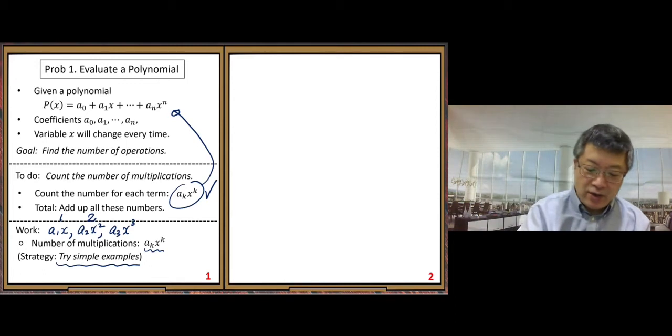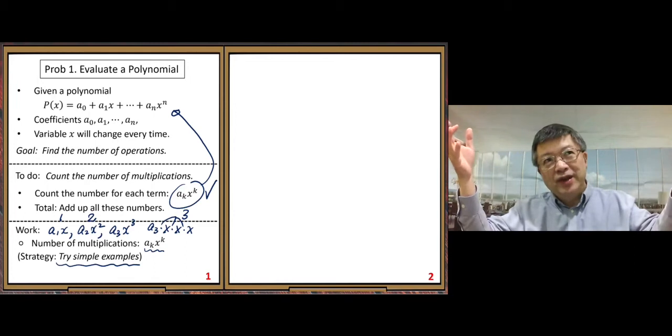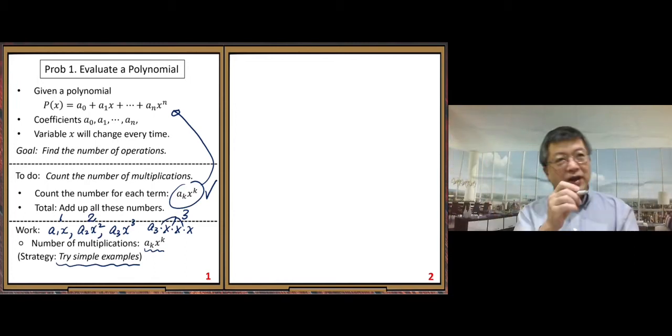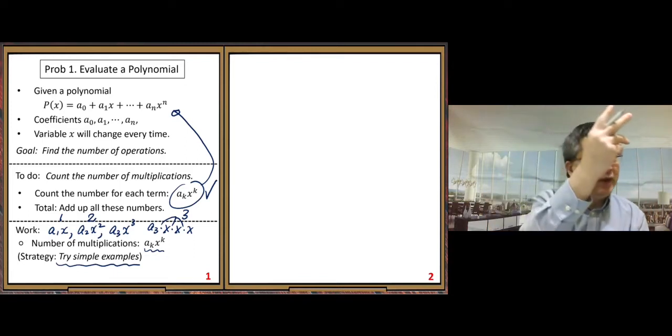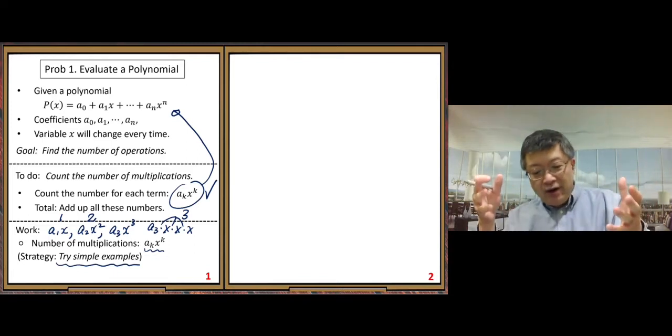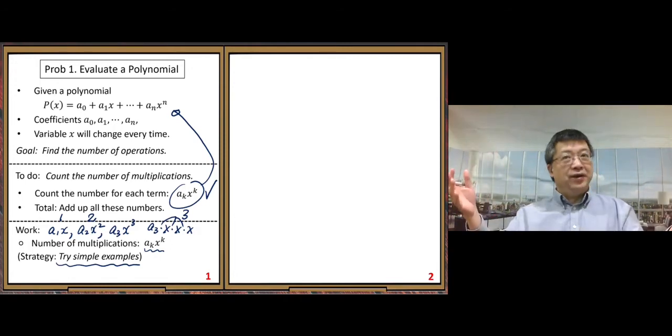Let me write explicitly: a3 times the first x times the second x times the third x. There are 3 dots, 1, 2, 3 dots. So there are 3 multiplications. So we come to this: the a1 term, 1 multiplication. The a2 term, 2 multiplications. The a3 term, 3 multiplications. The ak term, how about that?